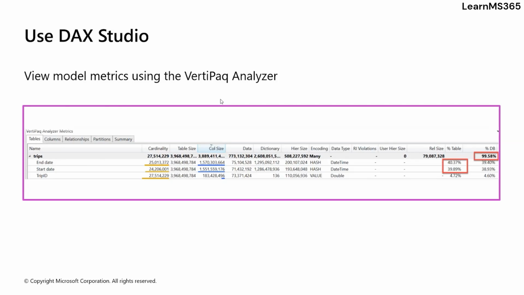VertiPaq Analyzer reports the memory consumption of the data model and can be used to quickly identify where you are spending the most memory. In short, you can use VertiPaq Analyzer to make memory-gobbling offenders obvious, rectify them in Power BI, and then rerun the VertiPaq Analyzer to see the immediate benefits of your data model updates.